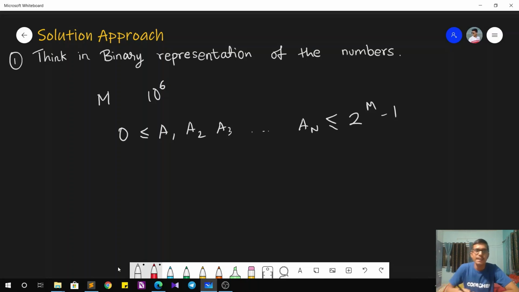If m is 10 to the power 6, then this number is itself going to be very large. So numbers this big cannot be represented in popular programming languages.